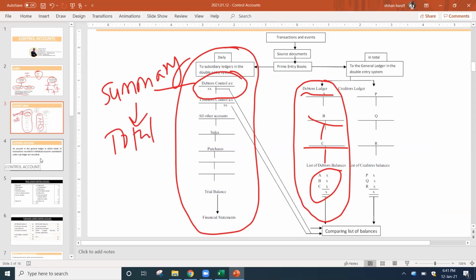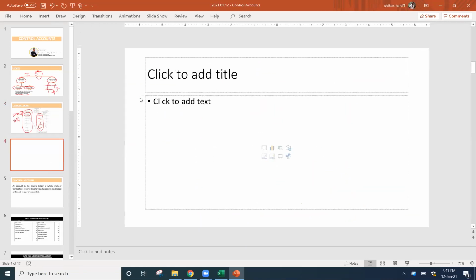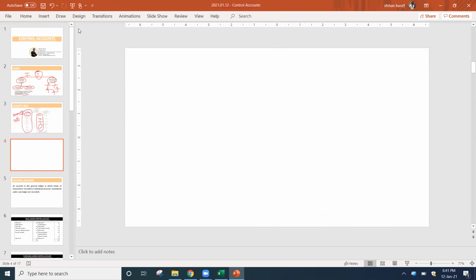So in this chapter, there are three major areas that we need to discuss under control accounts. One is the format of the control account. We need to learn the control account format for debtors and creditors.